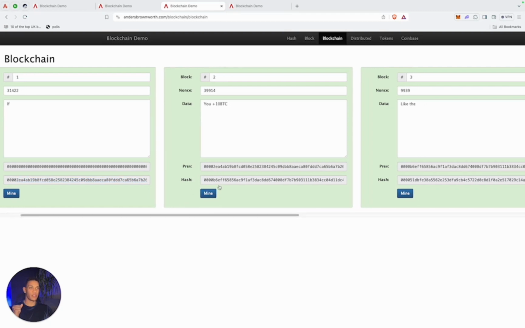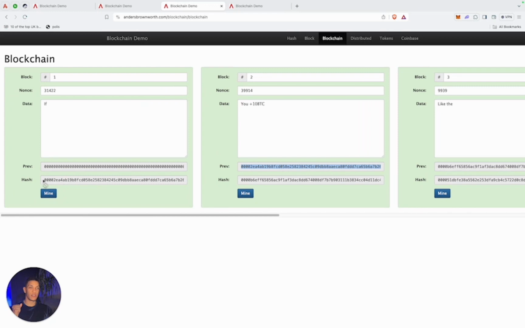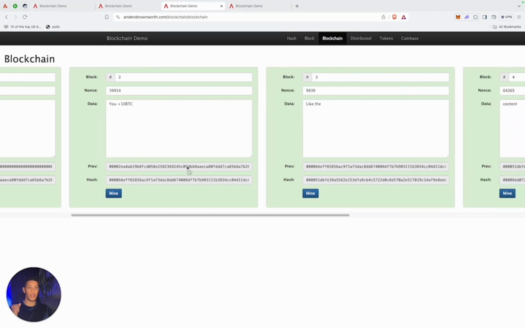in the second block, the previous hash matches the hash of the previous block's own. You see? And then, when we take all of these 4 key pieces of information, with this hash of the previous block included, we can create a new hash out of it.